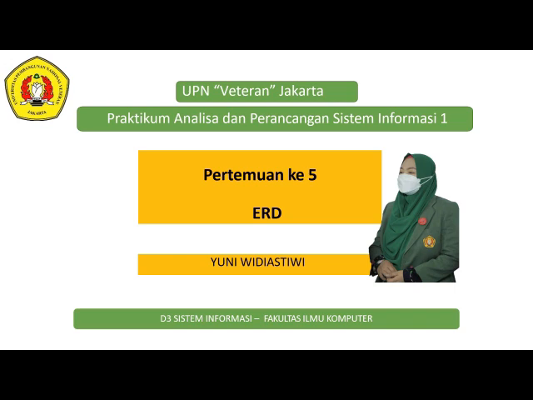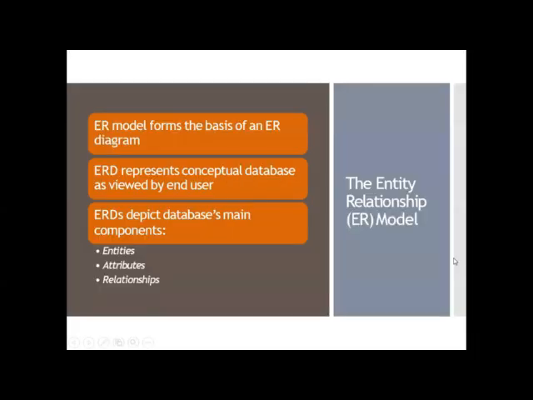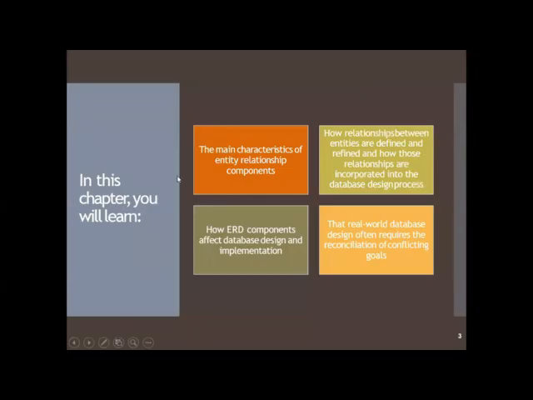In this chapter, we will study about ER diagram. Let's see the discussion about this chapter. Okay, in this chapter, you will learn about the main characteristic of entity relationship component, and then how relationships between entities are defined and refined, and how those relationships are incorporated into the database design process.